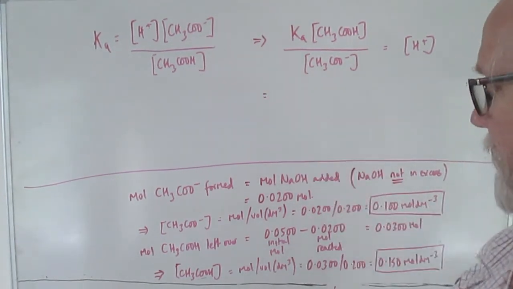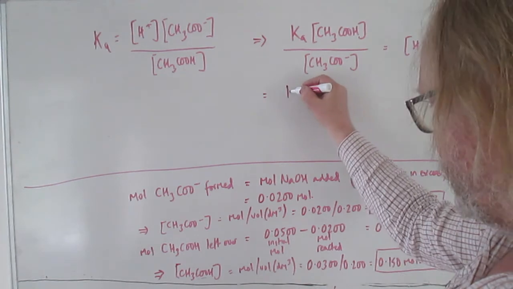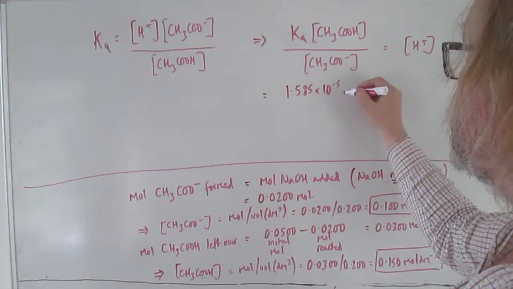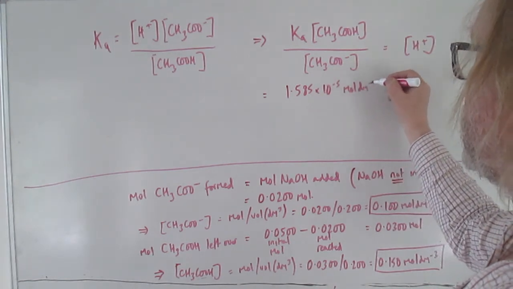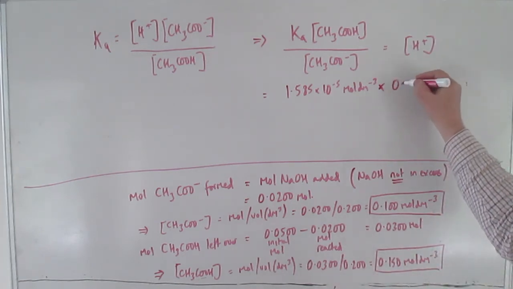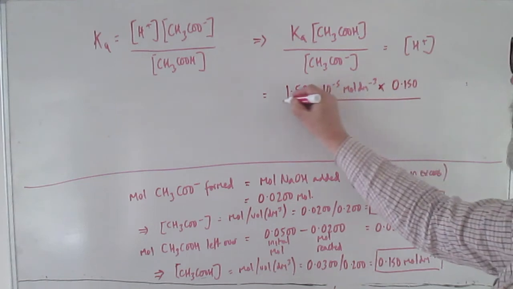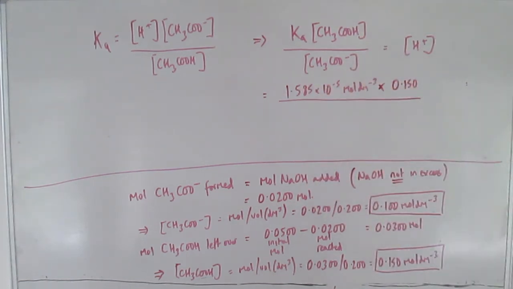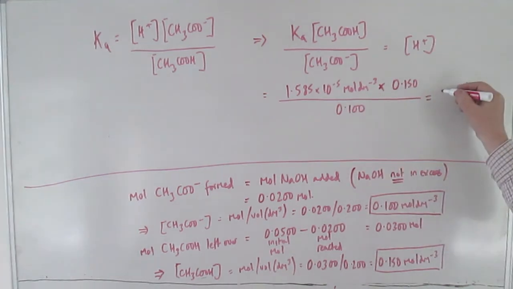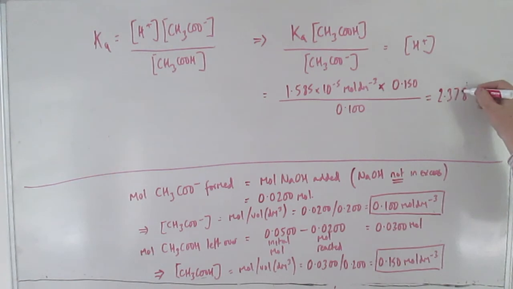Ka we worked out earlier on was 1.585 times 10 to the minus 5 moles per dm cubed. We worked that out from the pKa that we had earlier on, times the concentration of ethanoic acid, which was 0.150, divided by the concentration of ethanoate, which is 0.100, which is 2.378 times 10 to the minus 5 moles per dm cubed.